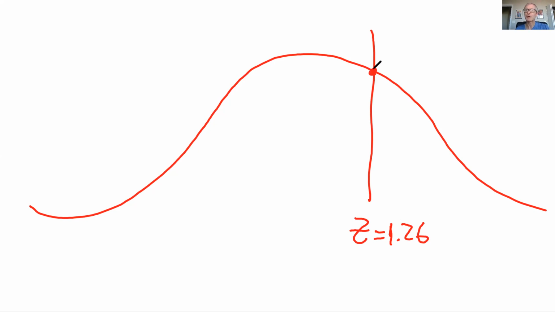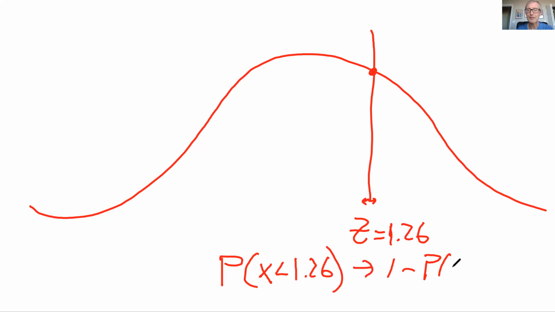When we have a discrete number 1, what's greater than 1? Well, the next step is 2. Here, because it's continuous, it's that little movement to the left or right, which is virtually the same number. So when we talk about less than and greater than, we talk about z less than 1.26, and the opposite of that is 1 minus that, z greater than 1.26. So you don't have to worry about that jump.